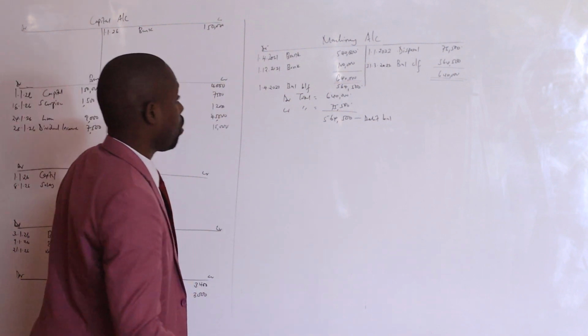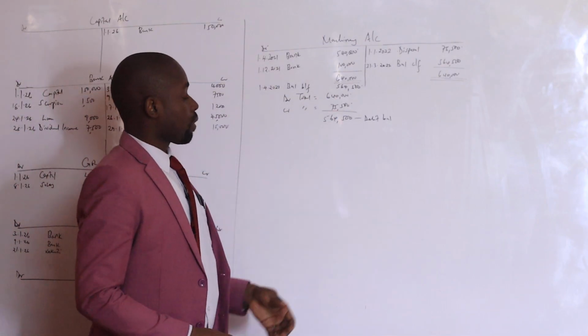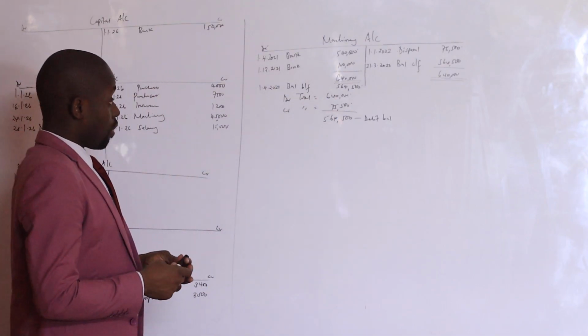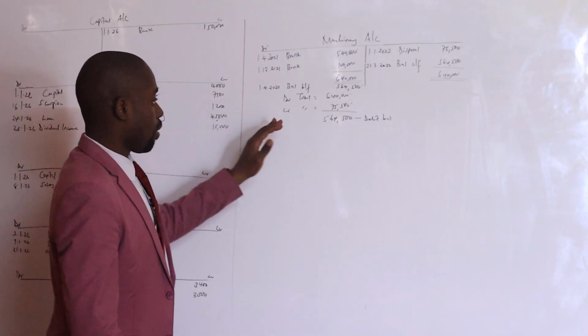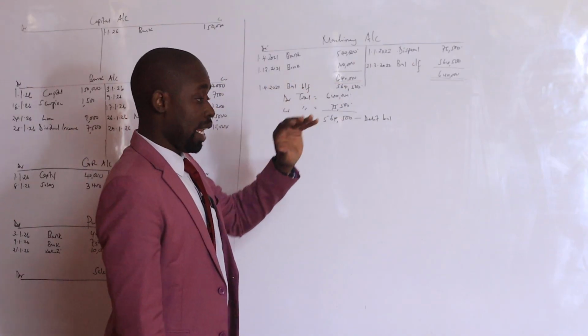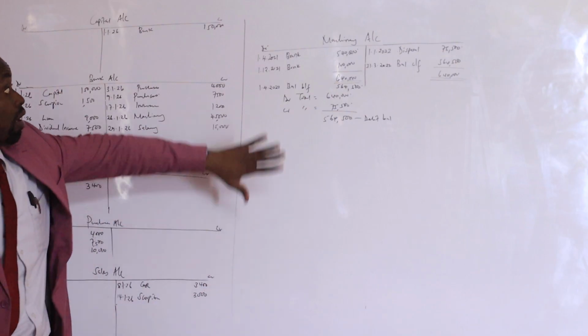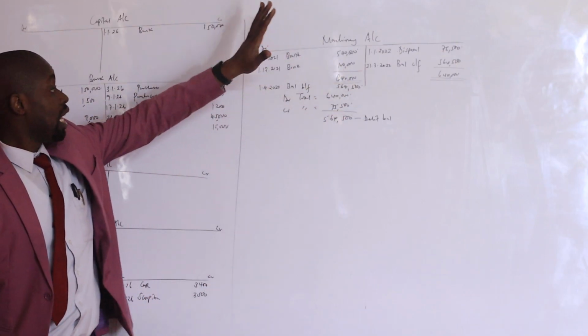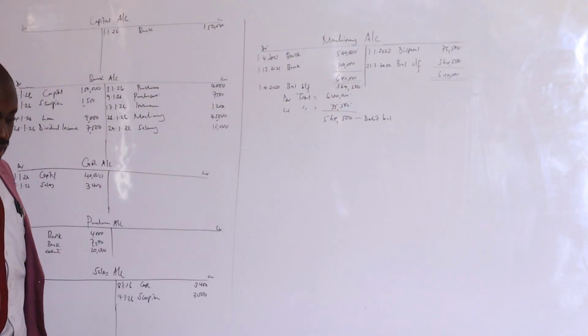It is close to zero. So balancing is the process of determining the closing figure in an account at the end of the financial year, and that figure will be used to prepare what you call the trial balance, from which we'll do what you call financial statements. So that's how we balance a real account like machinery in this context.